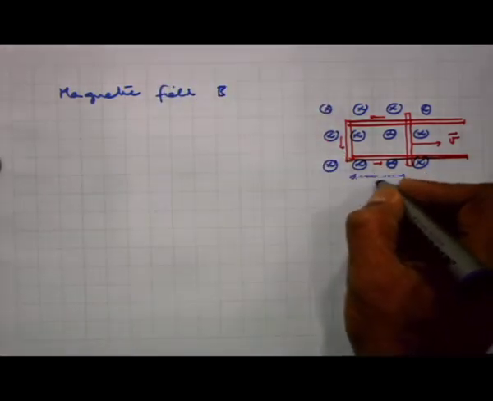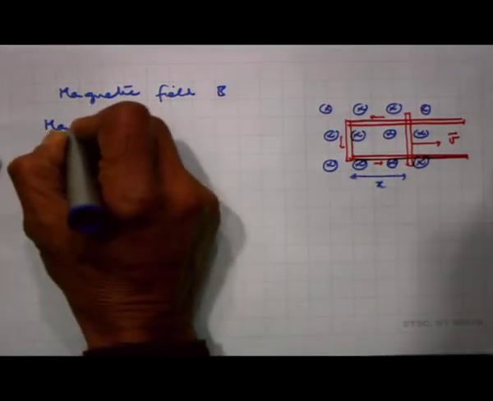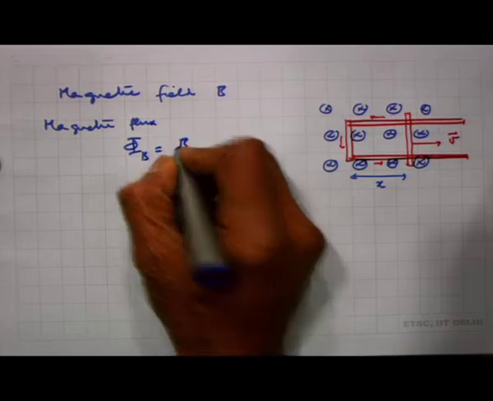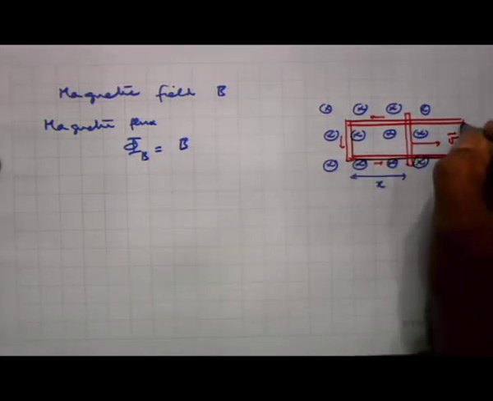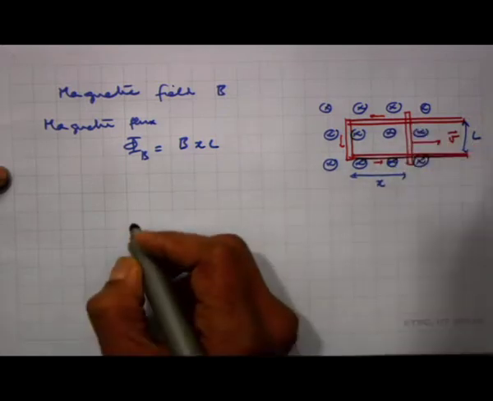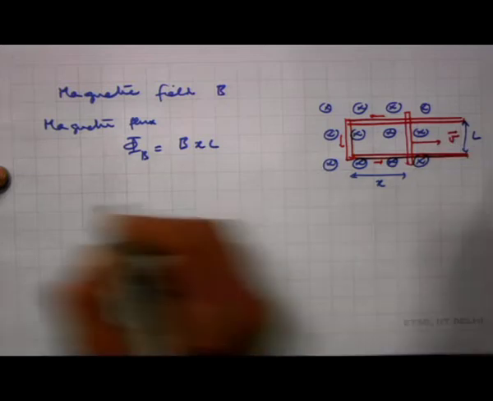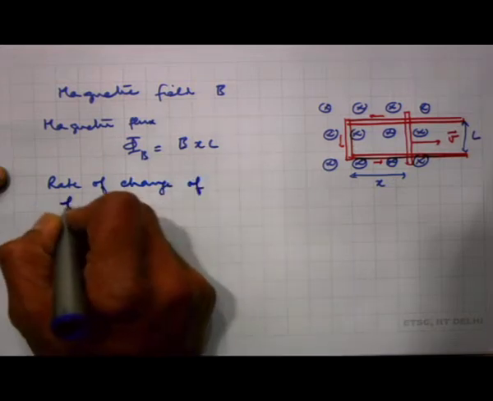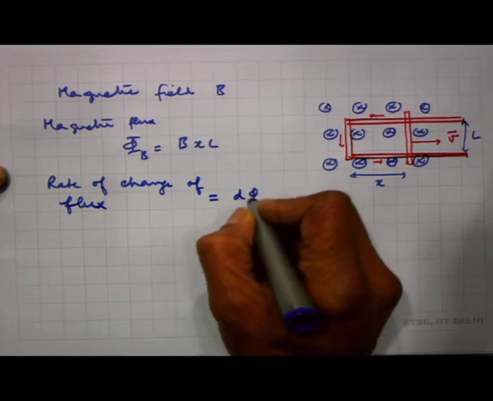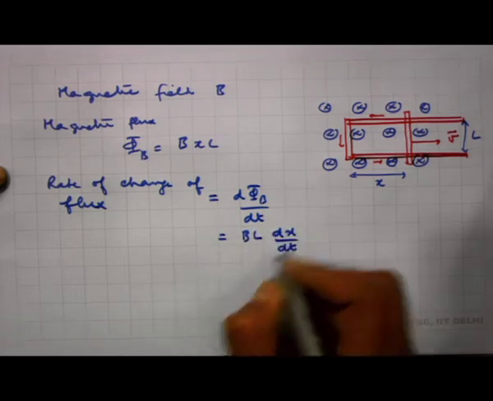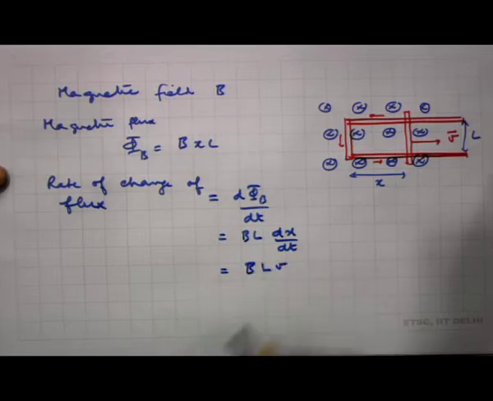If I assume this distance is x, the magnetic flux phi B is equal to B into this area, which is x times L, where this distance is assumed to be L. So, at any given instant of time, the magnetic flux through this closed path is B times x times L. If this conductor moves with a velocity v, the rate of change of flux d phi B by dt is equal to B times L times dx by dt, and dx by dt is nothing but the velocity of the rod with which it is moving. So, we get the rate of change of flux given by this.